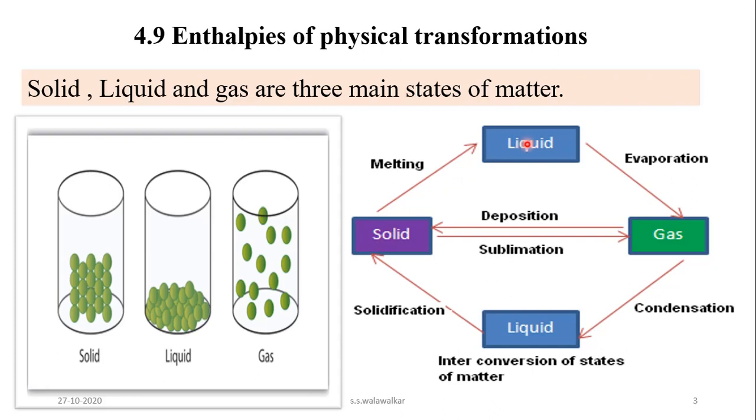For example, solid is converted into liquid, that is called melting or fusion. Liquid is converted into gas, that is called vaporization or evaporation. Gas is converted into liquid, that is called condensation. Or solid is converted into gas, that is called sublimation. So these are interconversions of states of matter, and during this some heat change takes place.